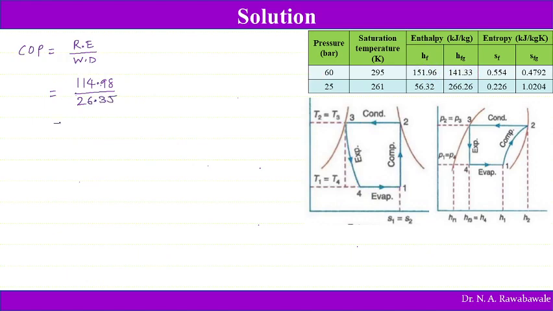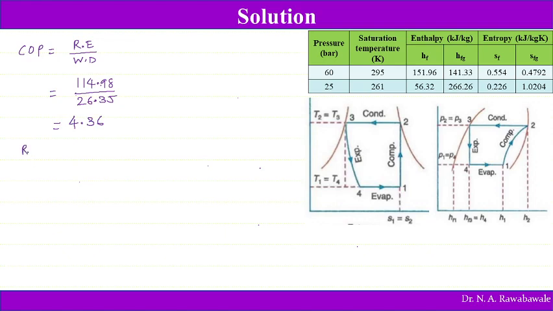So on simplification, the coefficient of performance is 114.98 divided by 26.35, which is going to be 4.36.